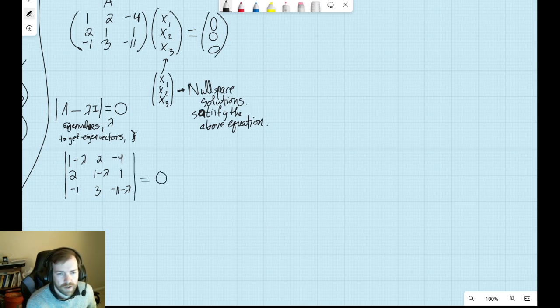Set that determinant equal to 0. Okay, so determinant of a matrix is not always the most easy thing, but in this case it's not too bad. The thing that I want to show up the least is probably the negative 11 minus lambda, so we'll use the bottom row, I think.